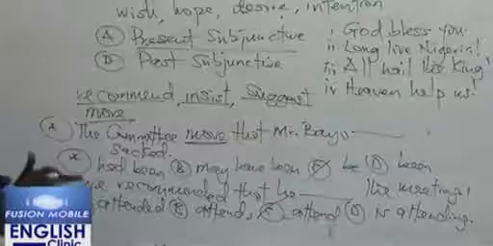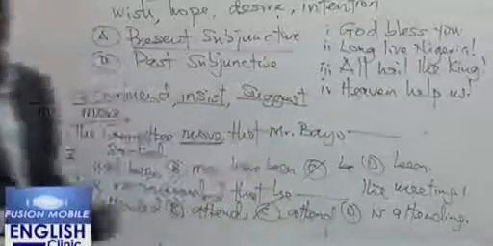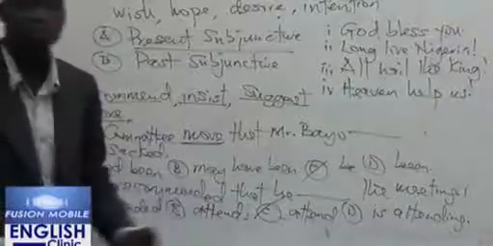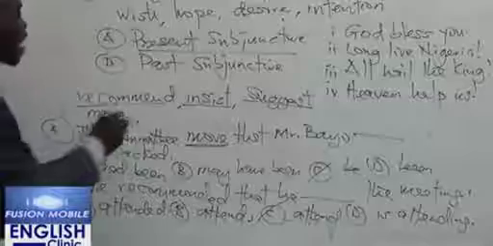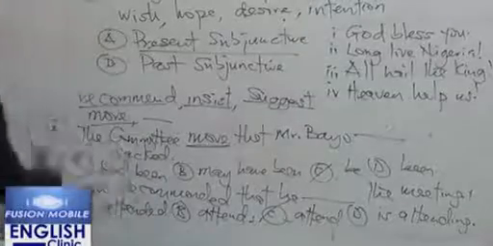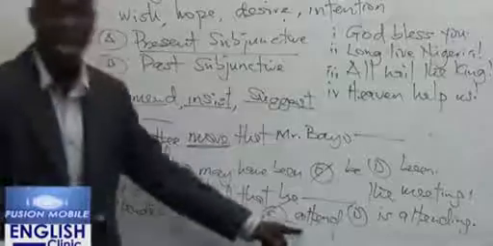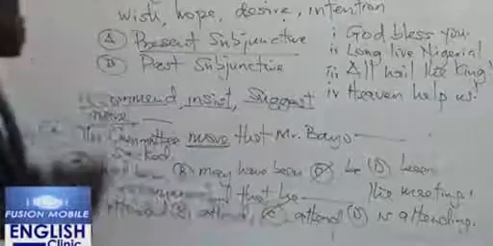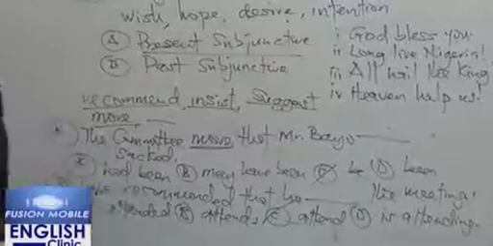So the sentence reads like this: we recommended that he attend the meeting. So that is the present subjunctive. So in this sense, anytime we have such verbs, they should be followed by the infinitive form of the verb. That's why we have be here, and here we have attend. So these are some of the ways that we express the present subjunctive.